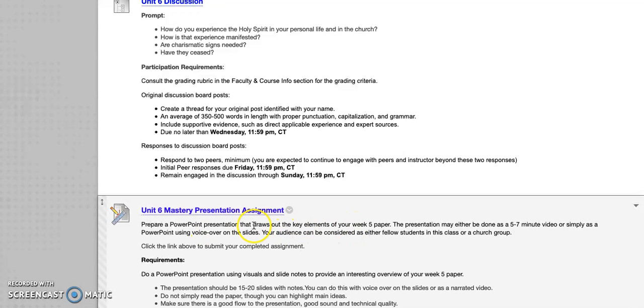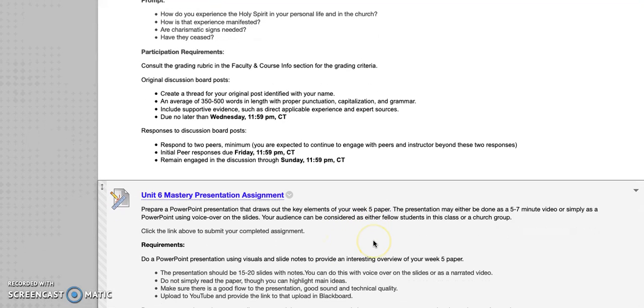You can do a PowerPoint presentation that draws on the key elements of your Week 5 paper, presenting it with a voiceover. There needs to be some audio, or you can do a video, however you prefer to do that using PowerPoint. That's up to you, and the specifications for that assignment are listed.